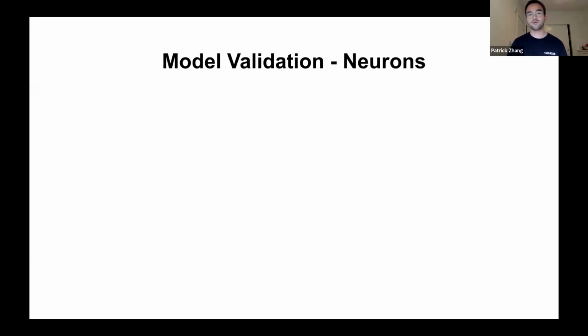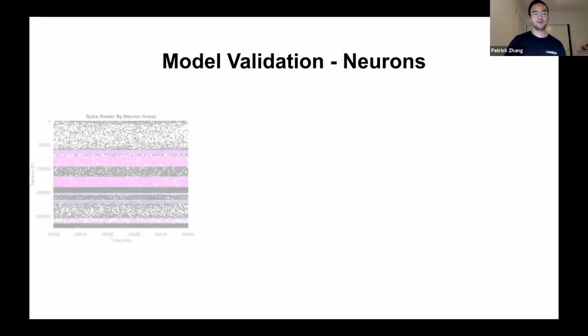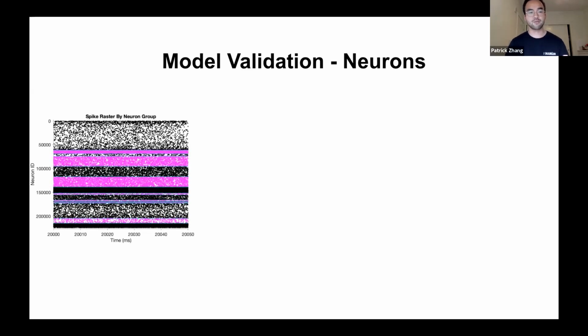Once we had our model, we wanted to validate that the behavior of the model was relatively biophysically realistic. So I'll briefly go over some of the checks that we did. First, we looked at a spike raster plot of all of the neurons in the model, grouped by their cell type and their positioning within cortical layers. The horizontal change in colors in this figure represents a different neuron group, totaling 15 different neuron groups.